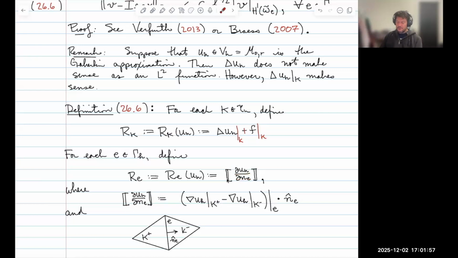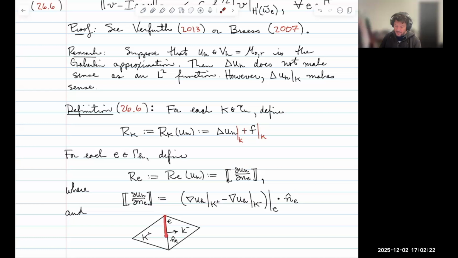How do I know the normal derivative has a jump? Again, these are globally continuous functions, so the first derivatives exist globally, but as I go across element edges, from one triangle to another, there's a jump in the normal derivative along an edge. And that is precisely defined this way.